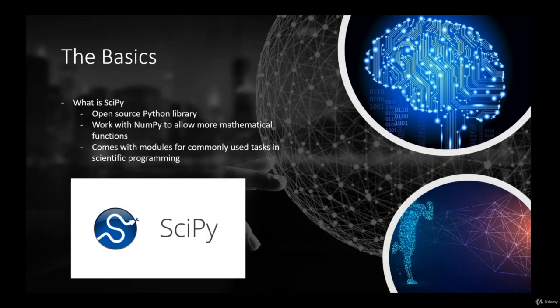As I said a little bit before, it uses a lot of NumPy operations to allow some more operations. And it comes with many modules for commonly used tasks in scientific programming. We are going to talk about some examples of modules that can be used in SciPy, because there are a lot of them, and that is what makes SciPy a really powerful tool if you want to use it for data analysis.